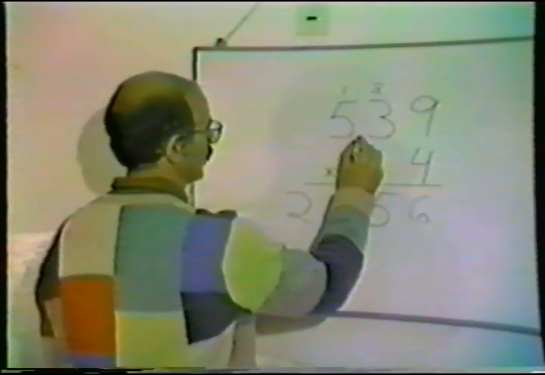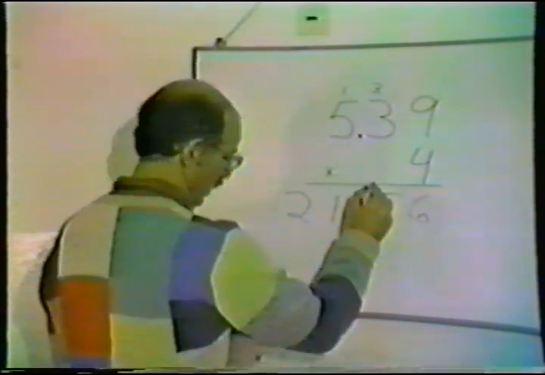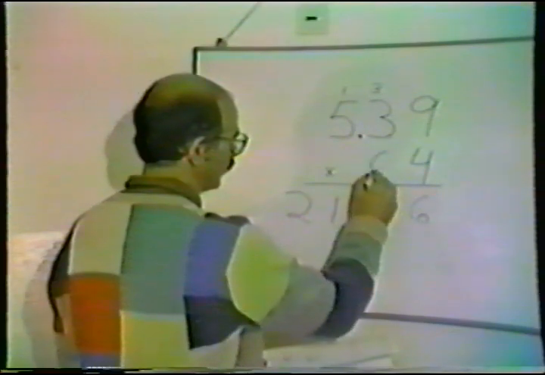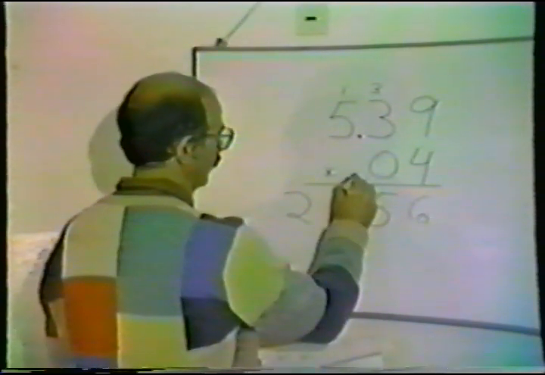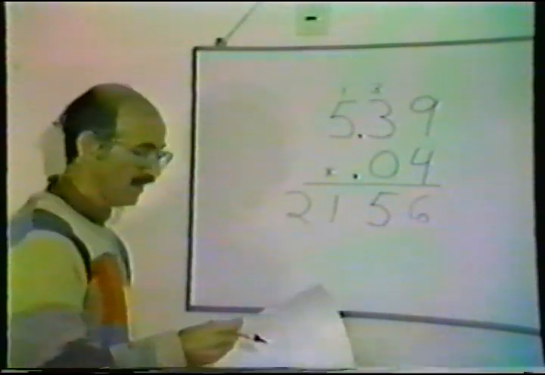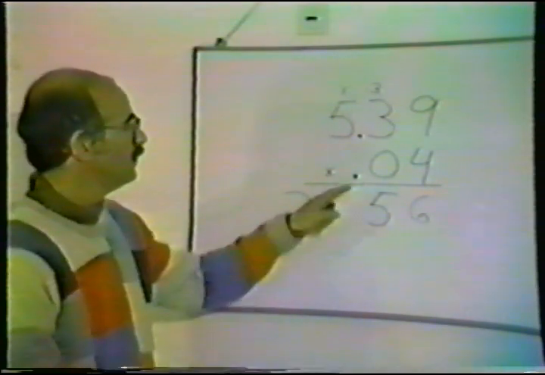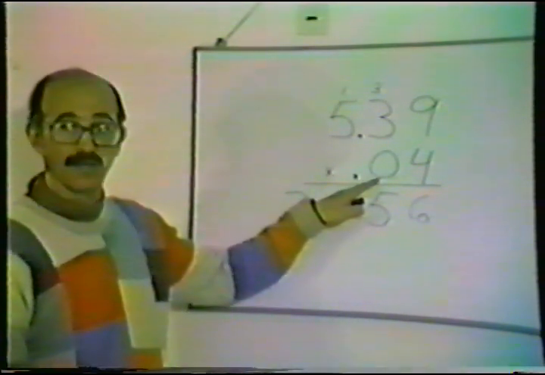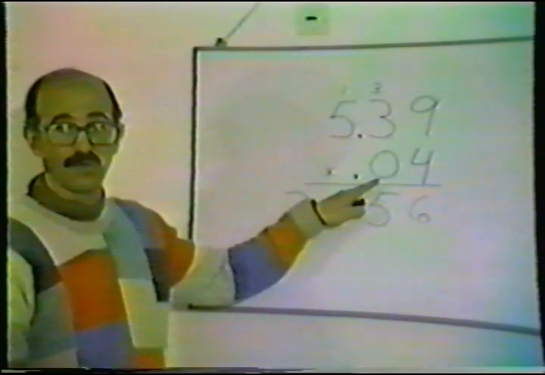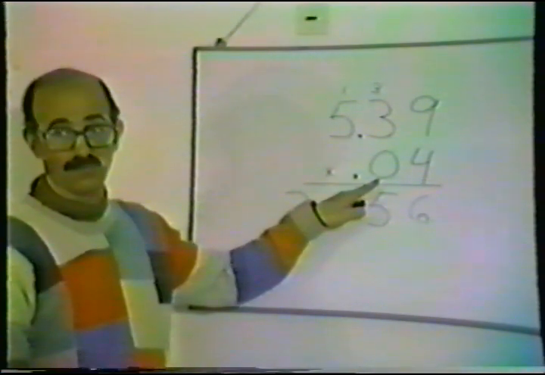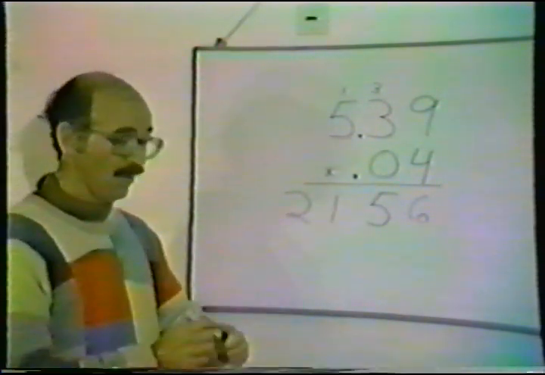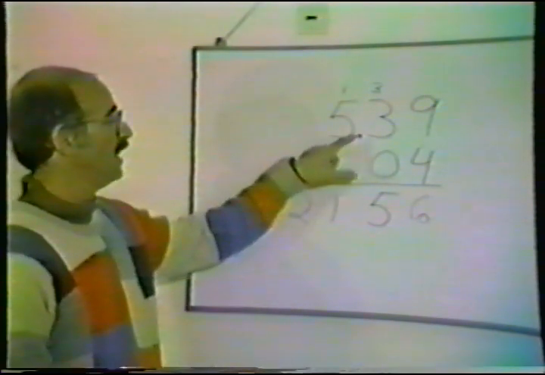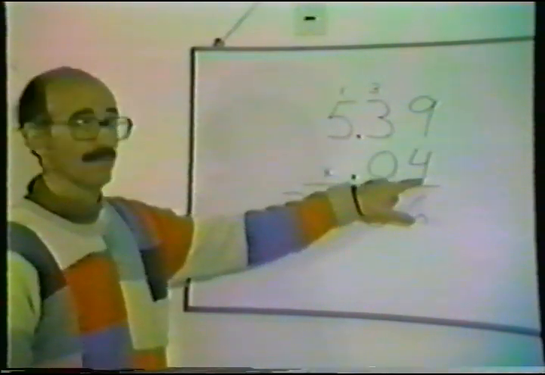We'll put the decimal point here, and we'll change it and put the decimal point there. When you see a 0 in front of a number, don't let that bother you when you multiply. All you multiply is 539 times 4.